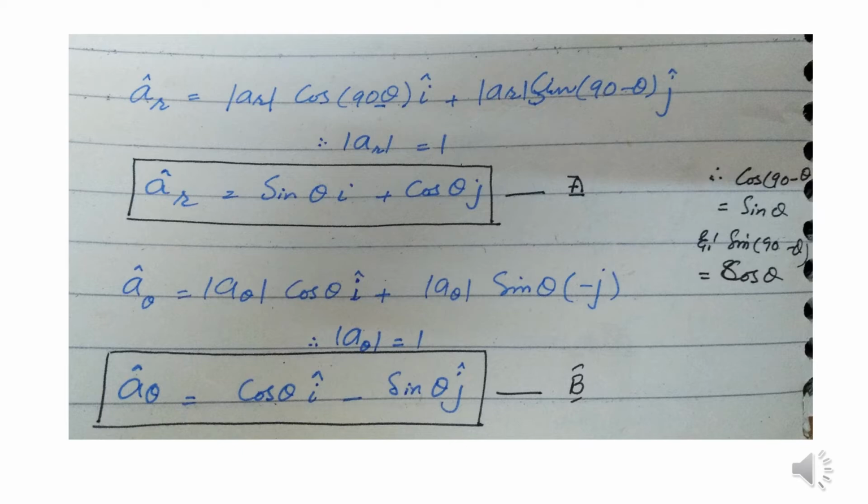As we know that A theta mod is equal to 1, and substituting this value we get A theta cap is equal to cos theta i cap minus sin theta j cap, and giving that equation number B.